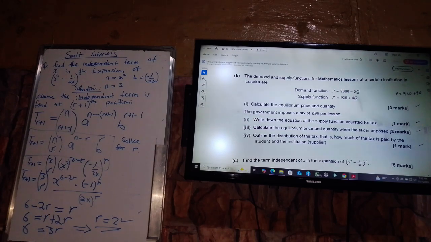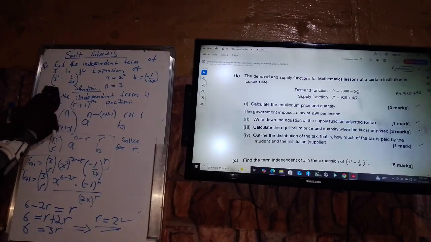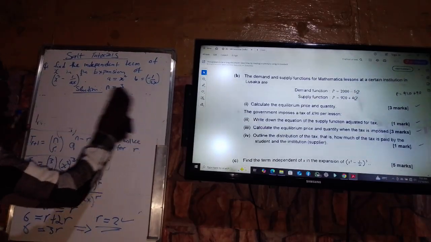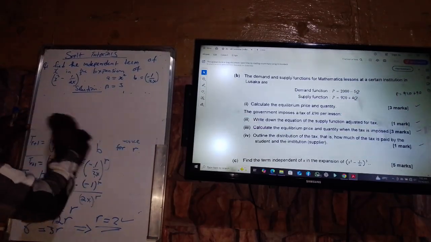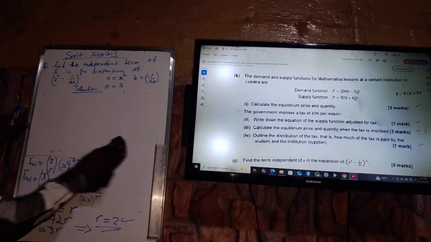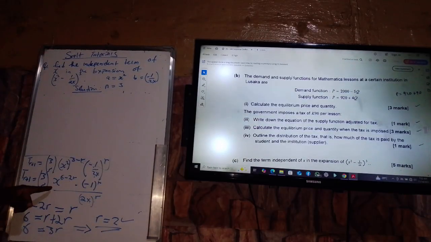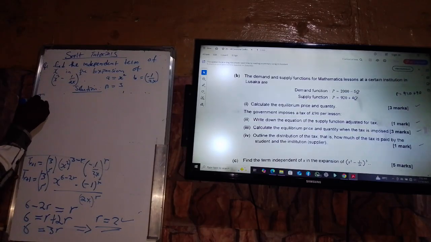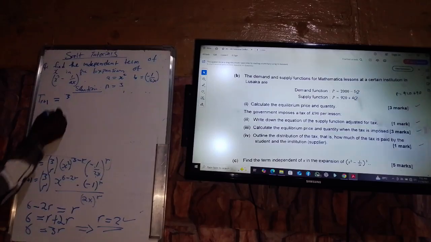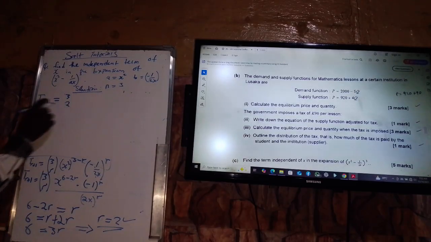Okay, so allow me to just delete this part. So if I replace these r with 2 in this, we are going to have T R plus 1 to be equal to 3 combination r, which is 2. Actually, it's supposed to be 2 plus 1.